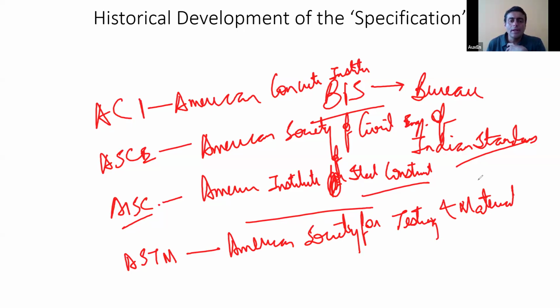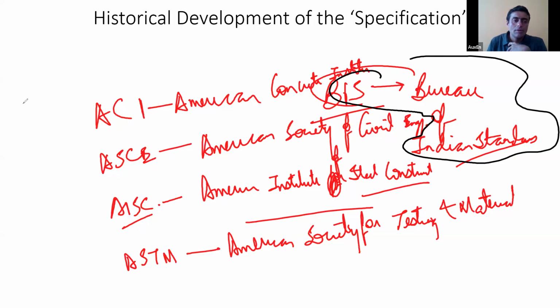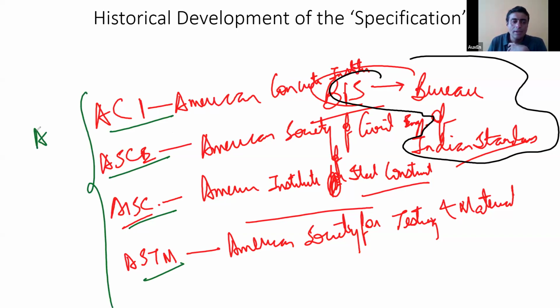So what I'm trying to say is that unlike India, where we have a singular body in the form of BIS, Bureau of Indian Standards, which publishes all the standards, you have different bodies in America. These different bodies publish their own standards, and then these all get ratified by the ANSI. Ratified means approved, or agreed by this one body, which stands for American National Standards Institute.